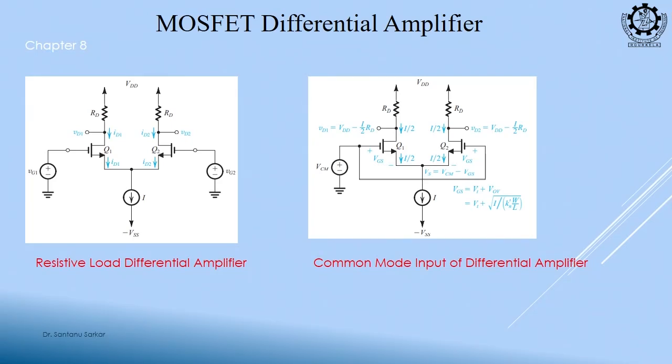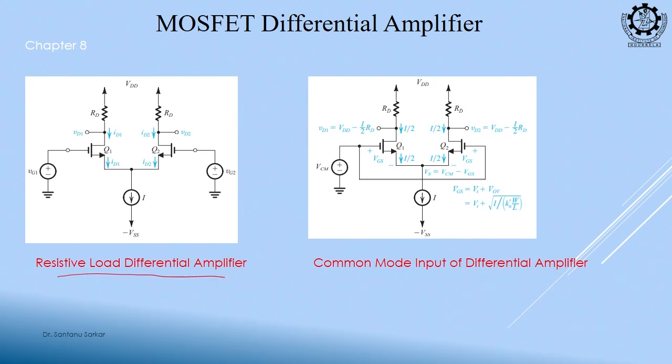Okay. So, this differential amplifier we can design with the help of BJT or with the help of MOSFET. Now, this structure is known as the resistive load differential amplifier.